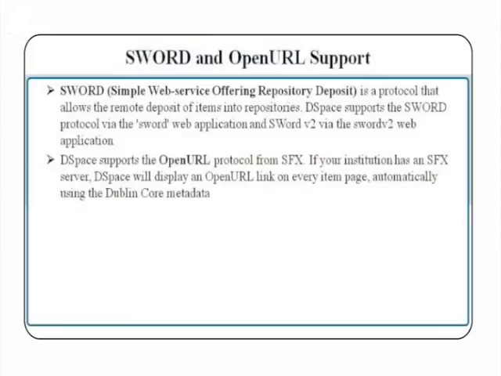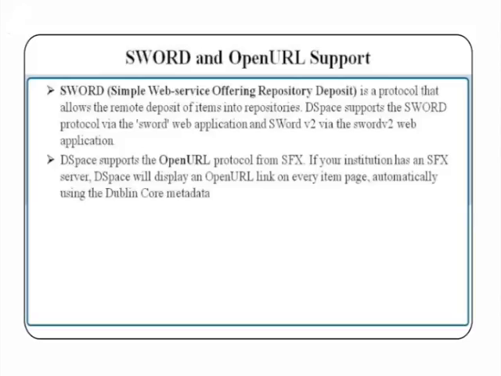SWORD, Simple Web Service Offering Repository Deposit, is a protocol that allows the remote deposit of items into repositories. SWORD was further developed in SWORD version 2 to add the ability to retrieve, update, or delete deposits. DSpace supports the SWORD protocol via the SWORD web application and SWORD v2 via the SWORD v2 web application.